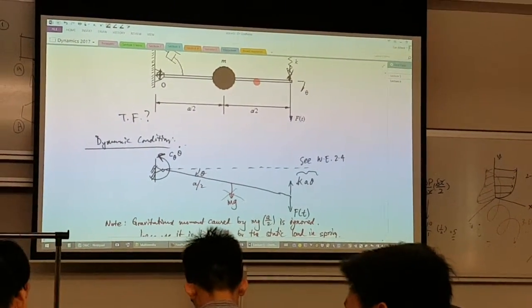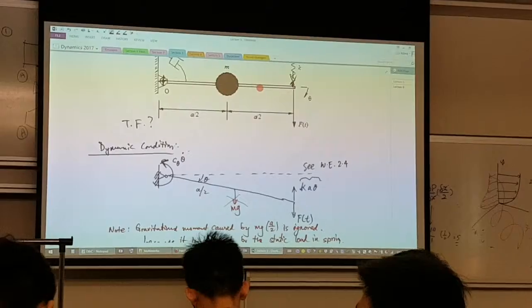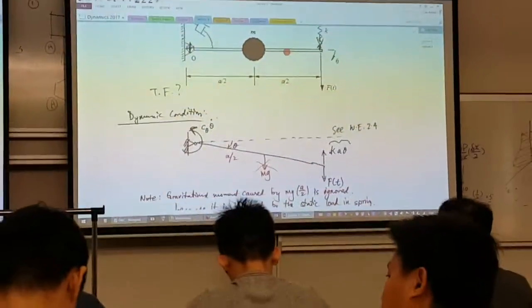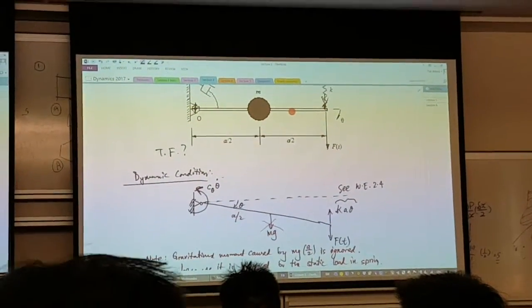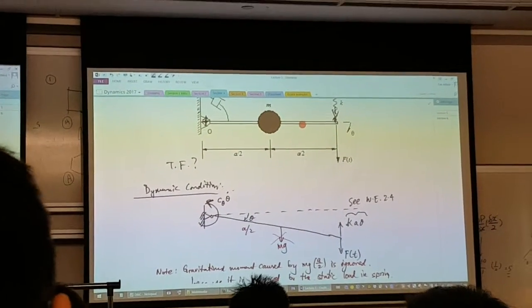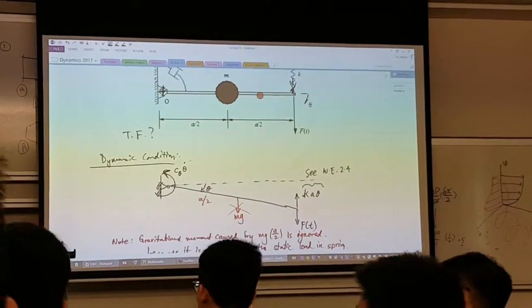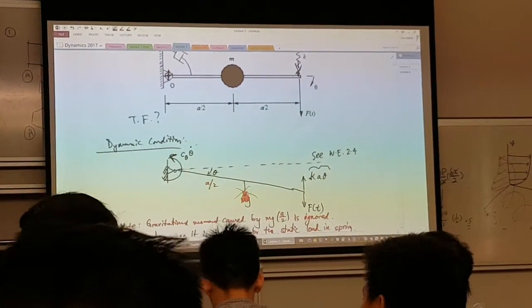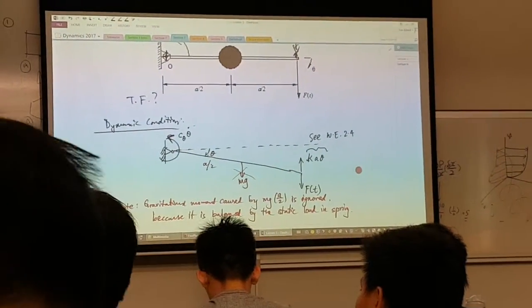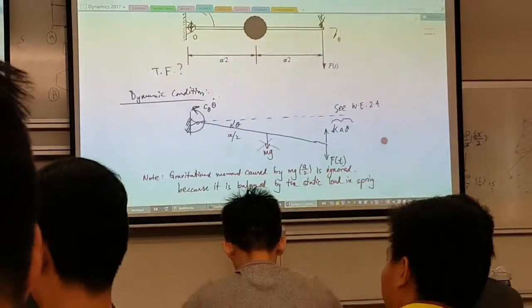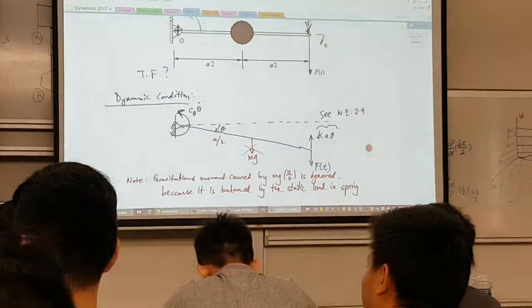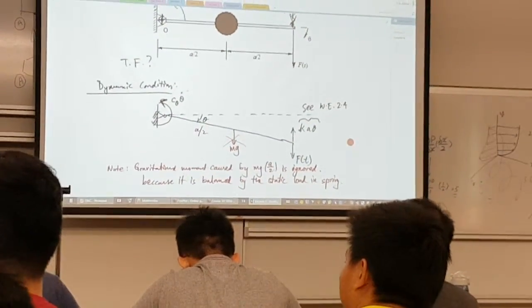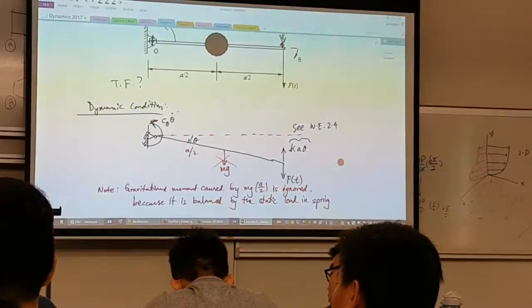You have a case later on as an example where the beam also has weight, and you have point masses that also have weight. So in all these cases, if you go into dynamic conditions directly, you need not consider mg. But then you need to consider this mg or this mass when we develop the moment of inertia.